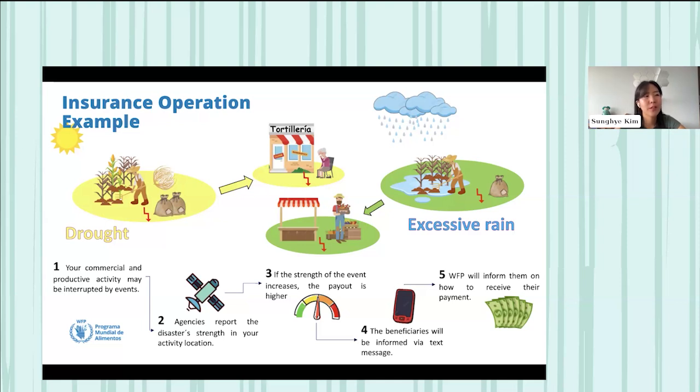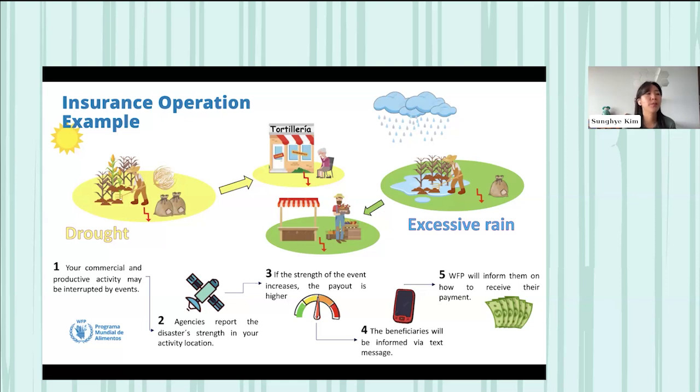They report the disaster strength in the farmer's location, and then the farmers receive payouts. The payout farmers receive is proportional to the severity of the event.